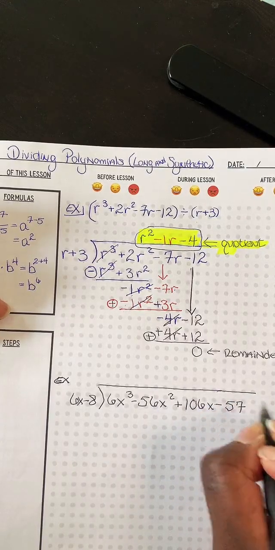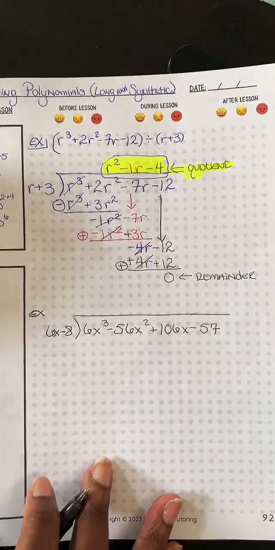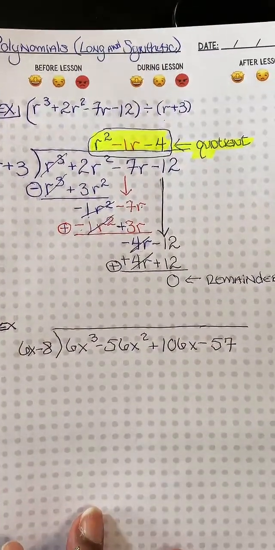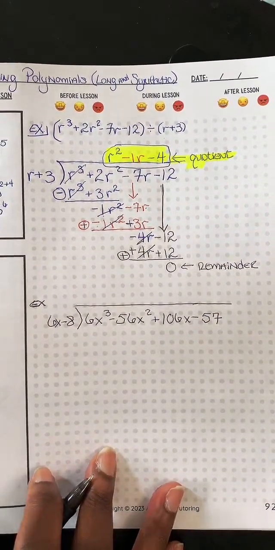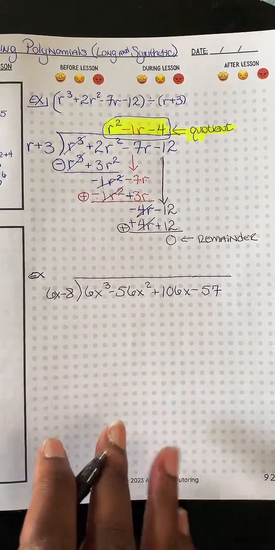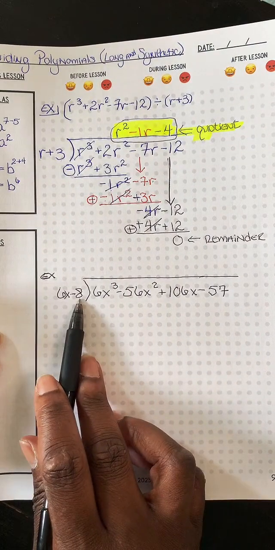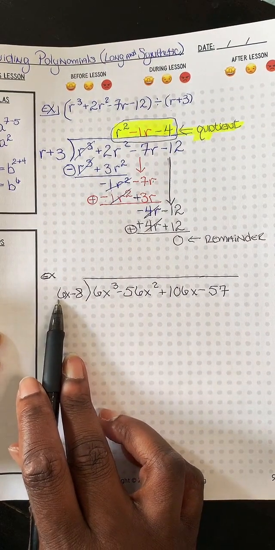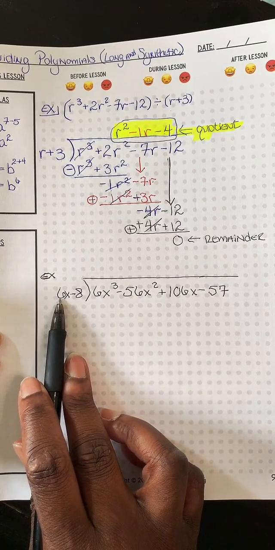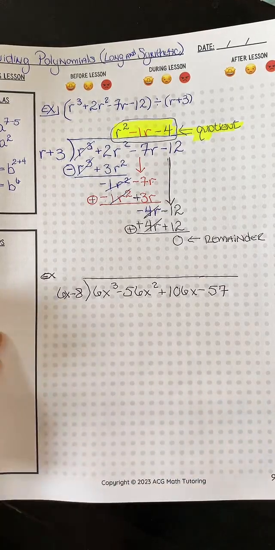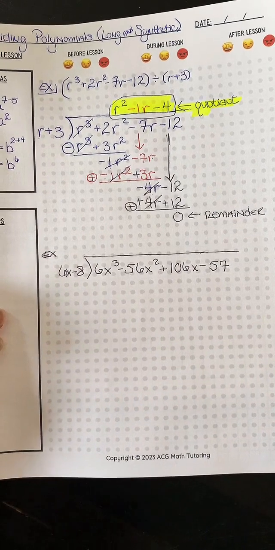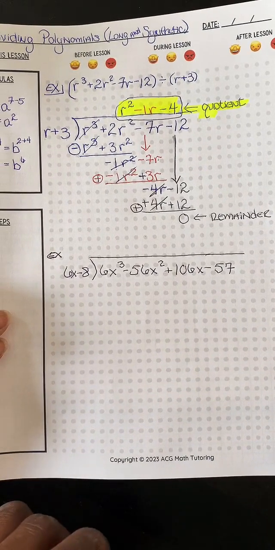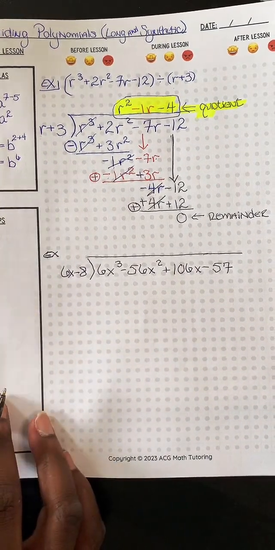So now, the one thing that is a little different is that my divisor is still a binomial, but this time I have a coefficient in front of my variable. The process is still the same, okay? The process is still the same.